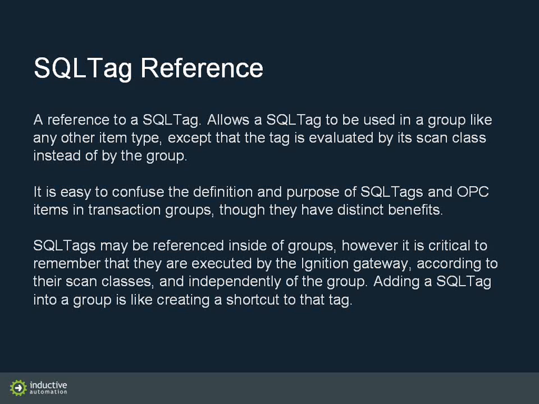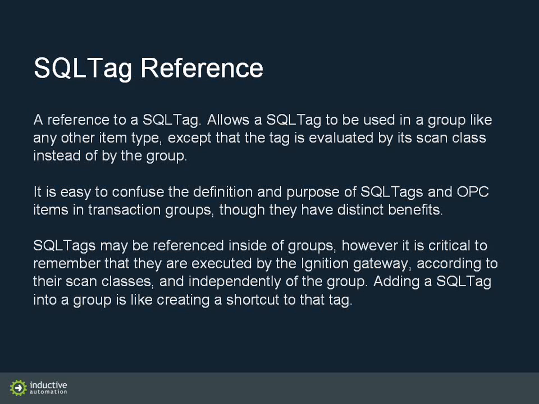SQL tags may be referenced inside of groups. However, it's critical to remember that they are executed by the Ignition gateway according to their scan classes and independently of the group. Adding a SQL tag into a group is like creating a shortcut to that tag. That's kind of the biggest benefit of using SQL tag references.